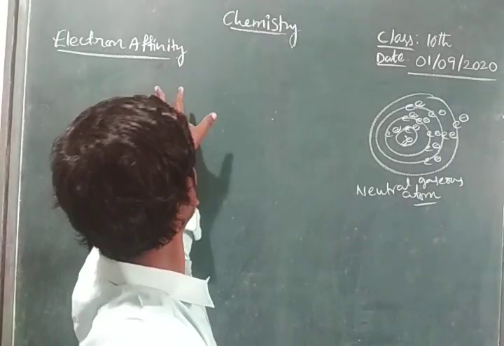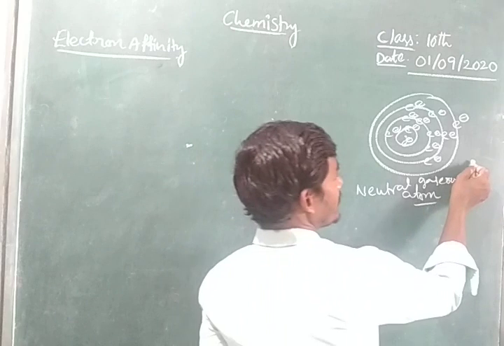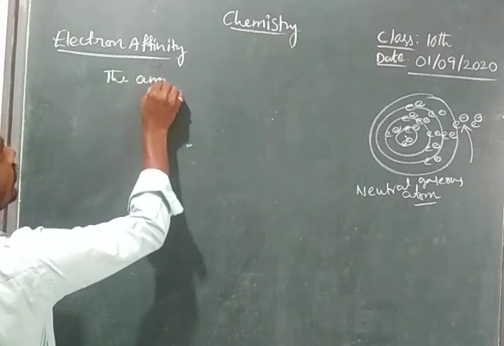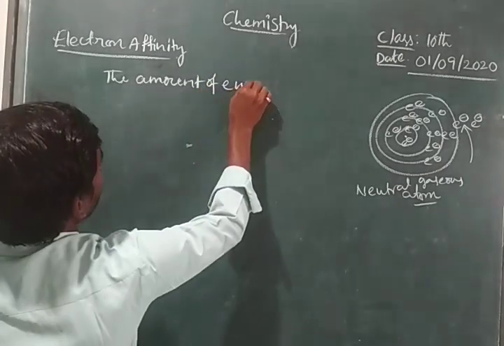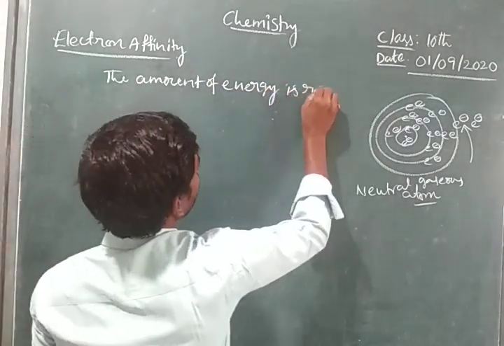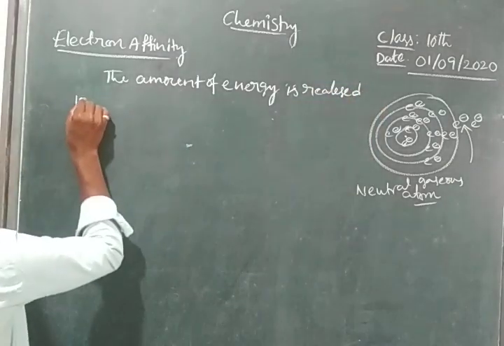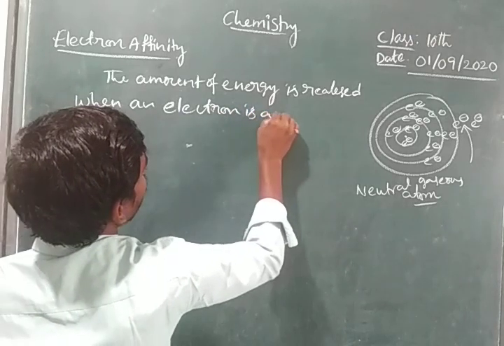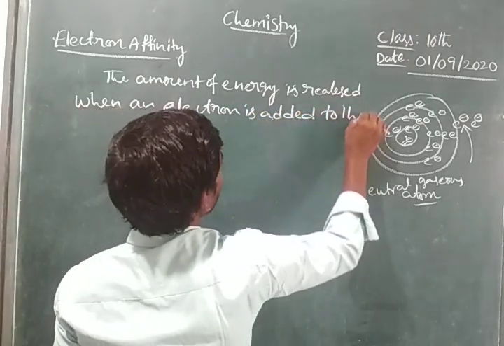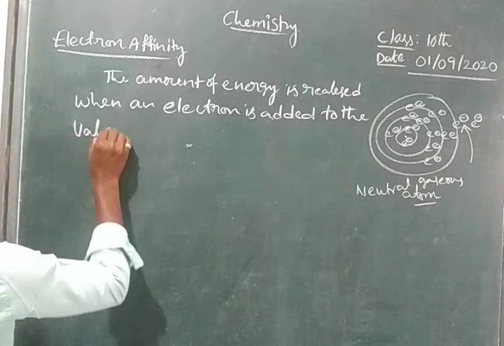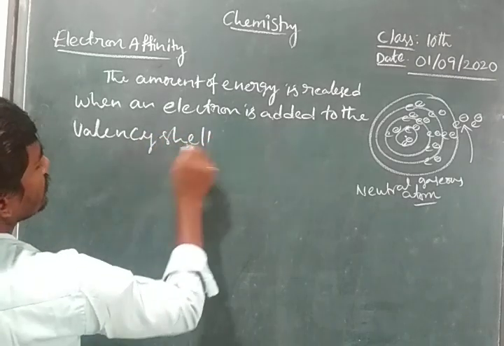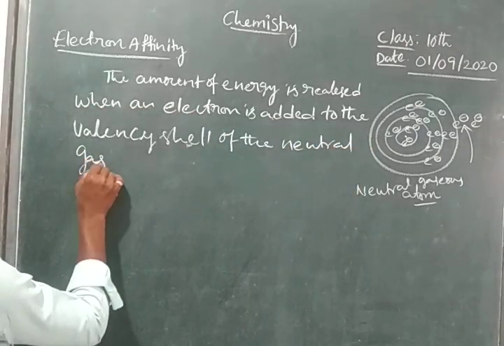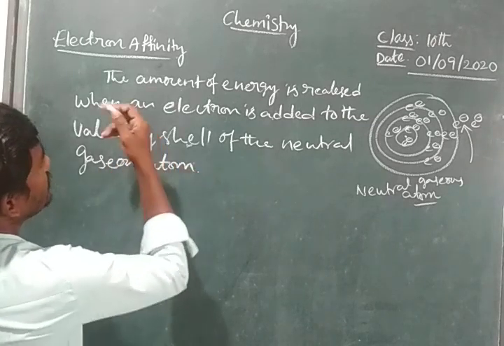But here, electron affinity means the amount of energy is released when an electron is added to the valence shell of the neutral gaseous atom. That is called electron affinity.